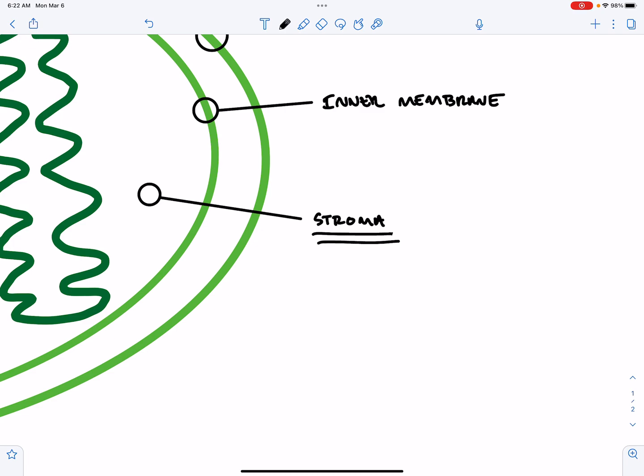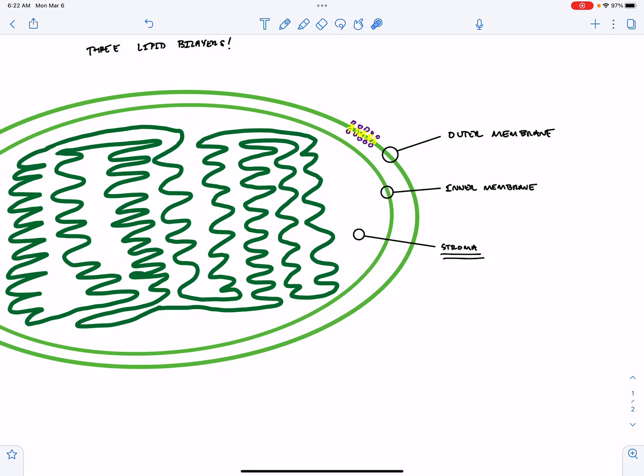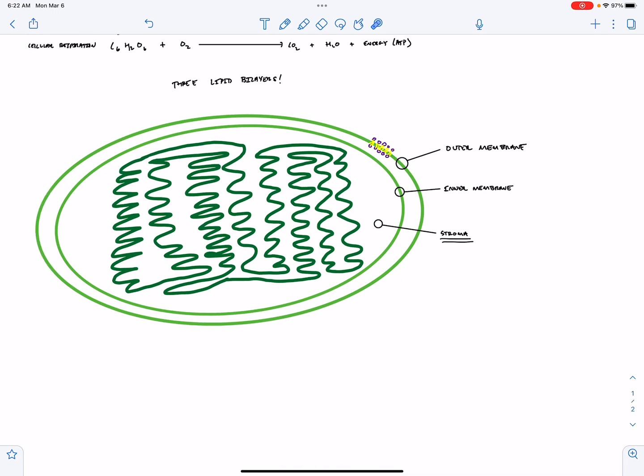And some of you are going to confuse those two. Don't confuse the stroma, which is the similar substance like the cytoplasm of the chloroplast, to the stomata, which are little holes in the underside of the leaf. So stroma, jelly-like interior of the chloroplast.